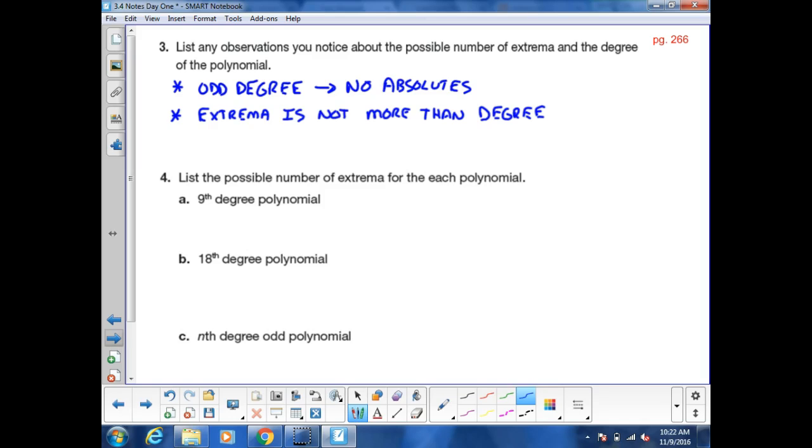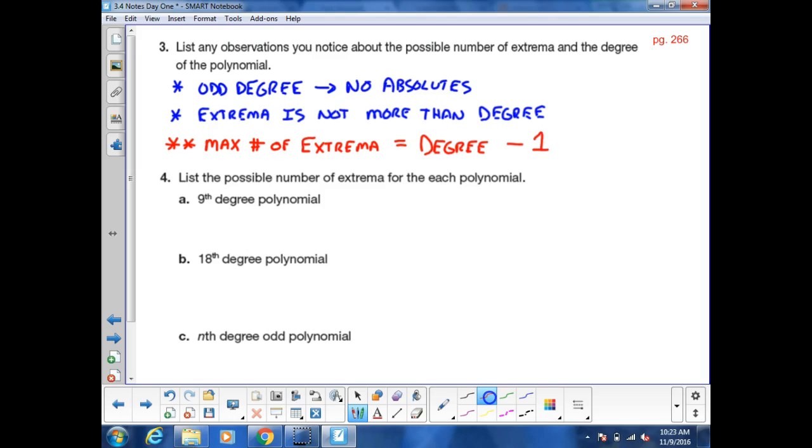So the maximum number of the extrema is equal to what? n minus 1, where n is the degree. So it's the degree minus 1.